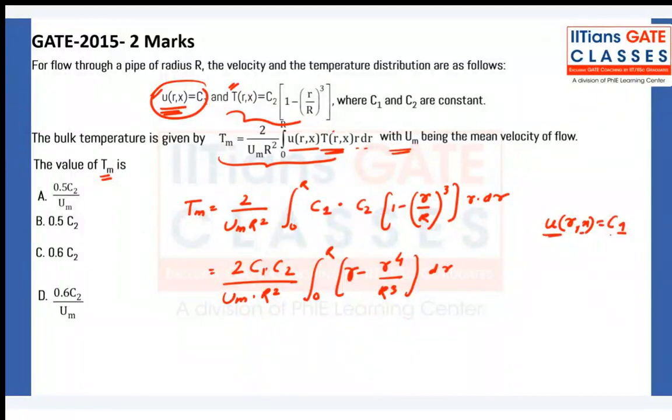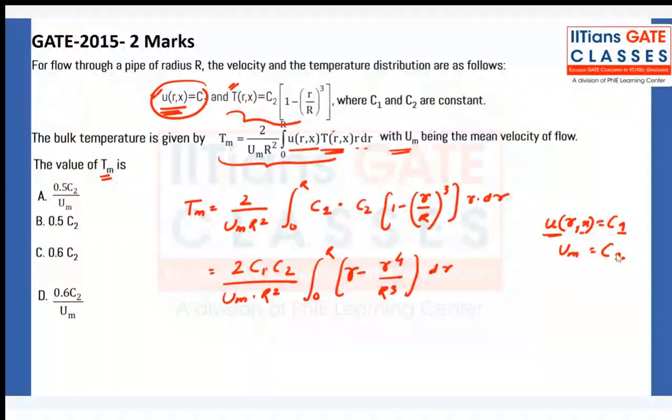So u is equal to a constant at any r or any x, because it will also be at a r and an x. So it will also be constant. This will get cancelled.